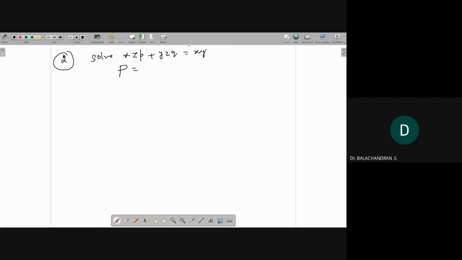Is it possible to solve this problem by equation reducible to standard type? Here z is along with p and x, and you also have xy, so I think it is a little bit difficult to solve this problem by equation reducible to standard form.